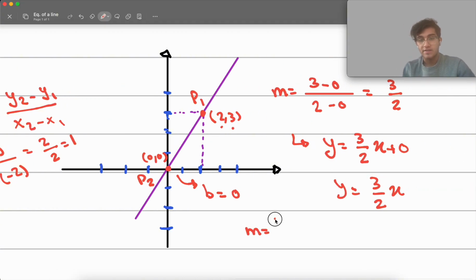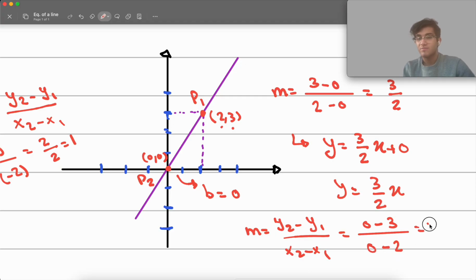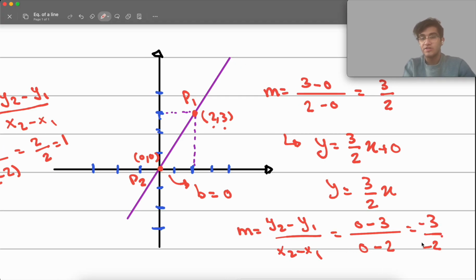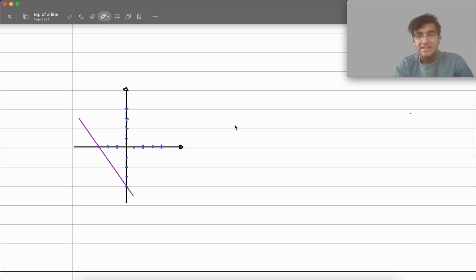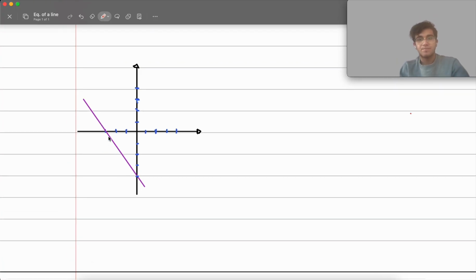So m is y2 minus y1 over x2 minus x1. This is going to give me 0 minus 3 over 0 minus 2, which is negative 3 over negative 2, which is the same as 3 over 2, as we found right here. So the last one we got here.